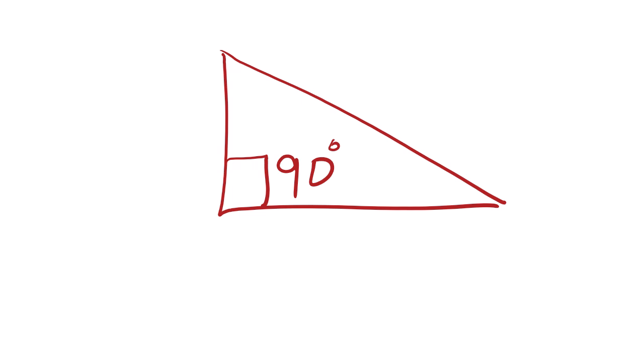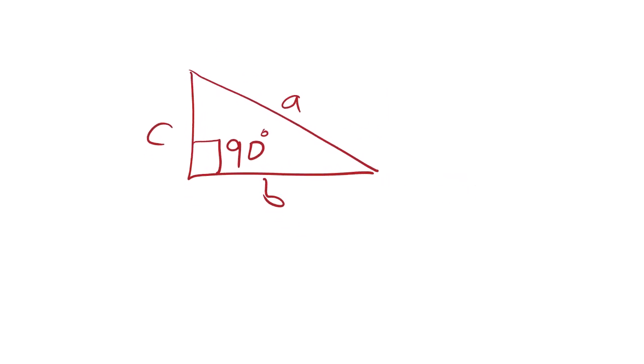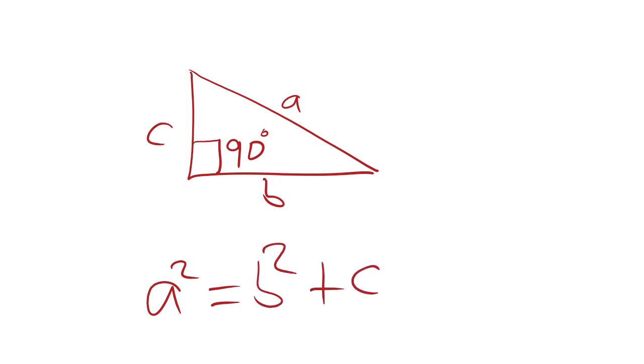So let's say you have 5 here, you have 4, but before writing that, let's just label this as A, B and C. For you to calculate this, the formula is A squared is equal to B squared plus C squared.